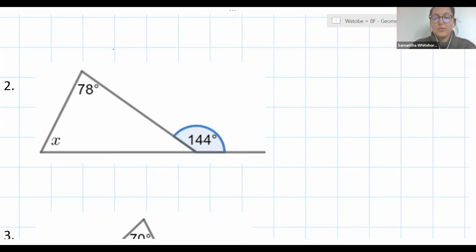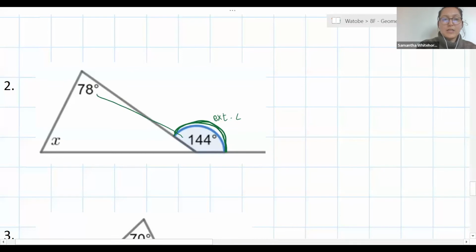So we know we've got here 144 degrees, and that is an exterior angle to my triangle. It's outside my triangle. It's created by an extension of one of my sides. So I'm happy that this is an exterior angle. And because that's an exterior angle, I know that it's equal to the opposite angles added together.